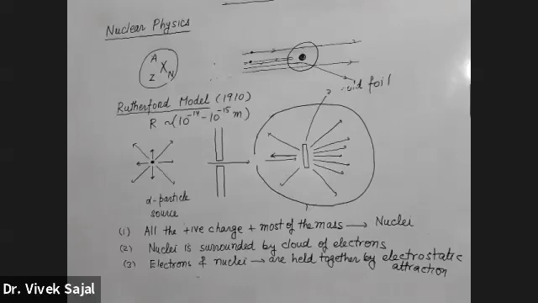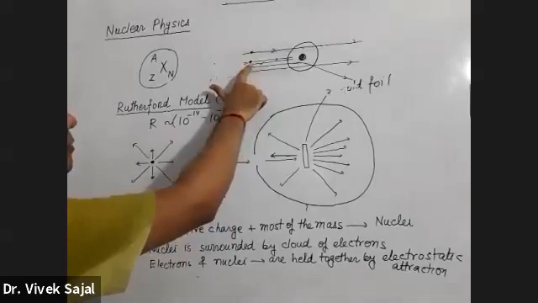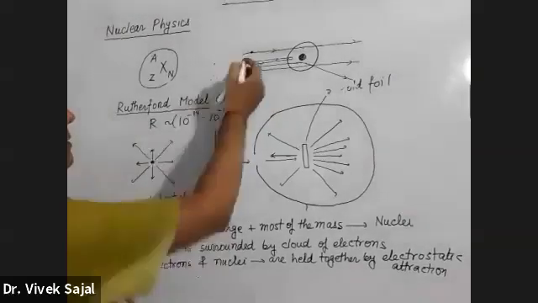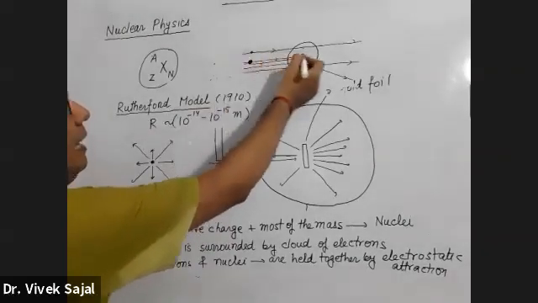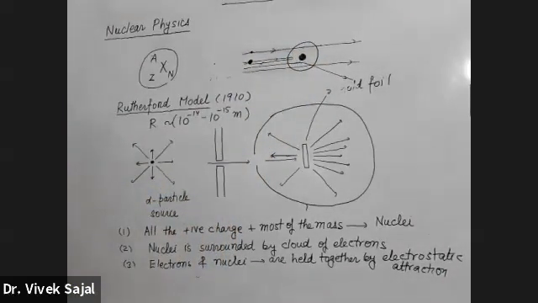Later on, he developed a mathematical model for this. But for this model, he considered two very important things. He made two very good assumptions. The first assumption was that this alpha particle as well as this nuclei are acting as point charges.